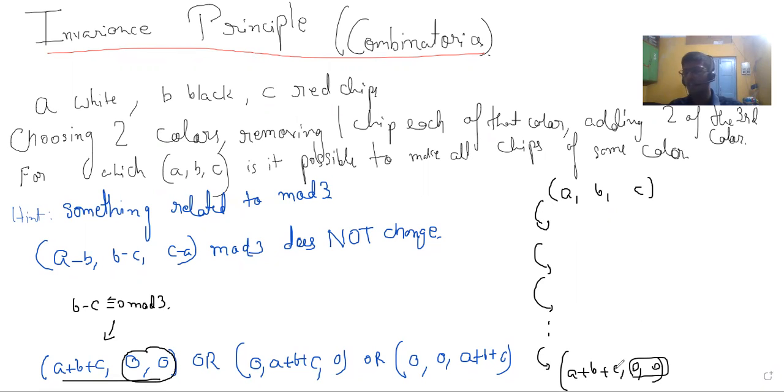Maybe that's the notation I should have used: first coordinate, second coordinate, third coordinate. Because eventually the difference between the second and the third coordinate is 0 modulo 3, so initially also it should have been 0, right? So this implies that B should have been the same as C modulo 3.